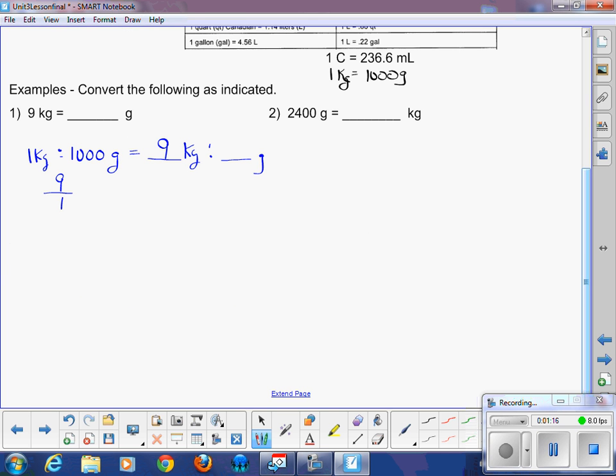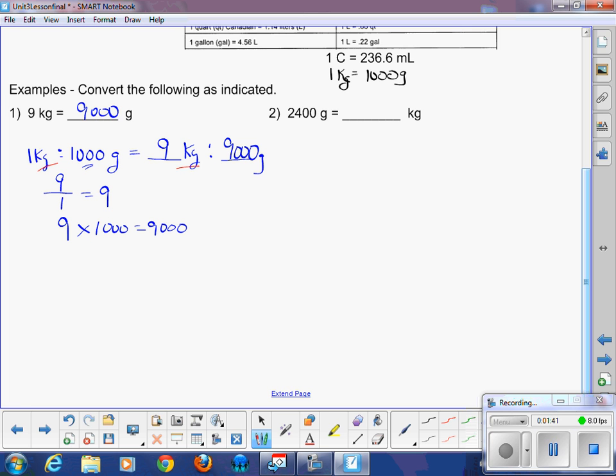The process yesterday was you take the number that's by itself and divide it with its partner. So kilograms matches up with kilograms, and we get 9. We take that number and multiply it by the remaining number, the 1,000. So we end up with 9,000 grams. That's our final answer.